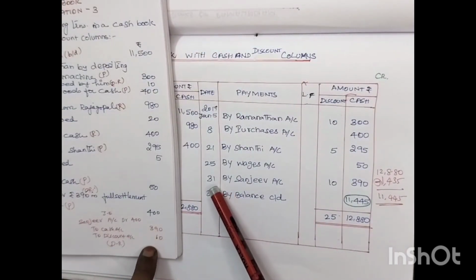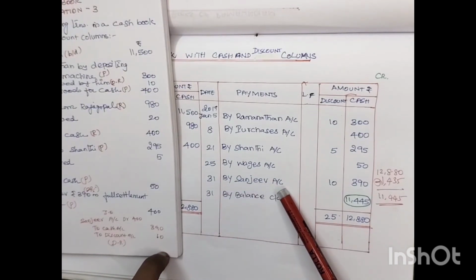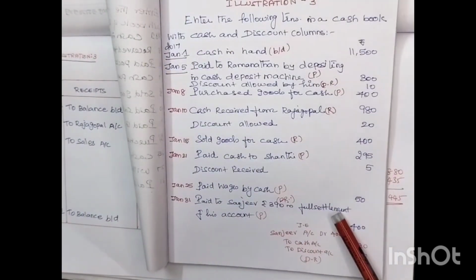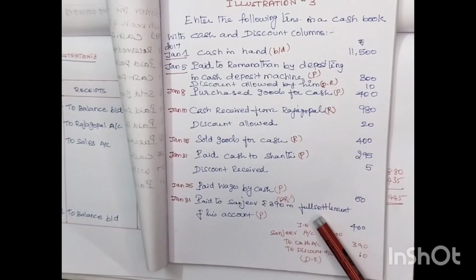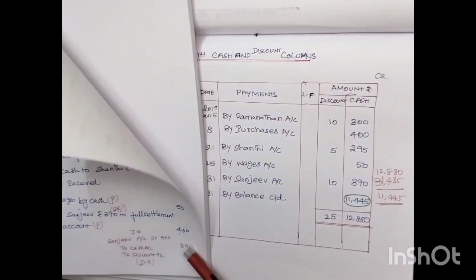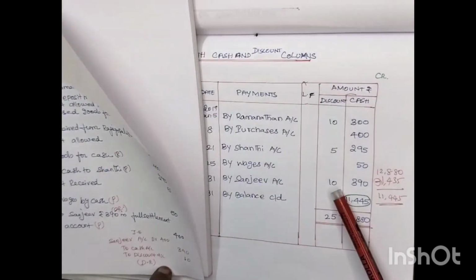So you go to the credit side, dated January 31, by Sanjeev account. How many rupees did you pay? 390 rupees. When you made the payment to Sanjeev, you received a discount of 10 rupees. So discount received you have to enter into the credit side discount column.